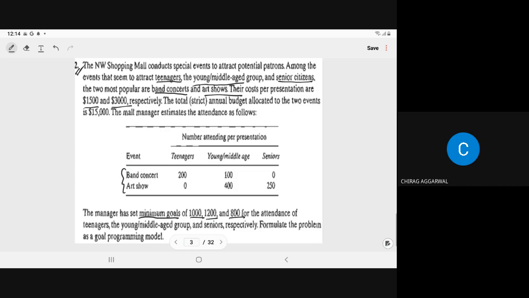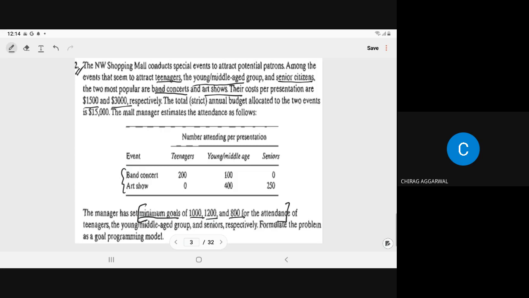Similarly, for the middle aged and senior citizens, it should be 1200 and 800. Formulate the problem as a goal programming. Here the goal is given that at least that many customers of different ages must be attracted by conducting the two events, band concert and art shows.